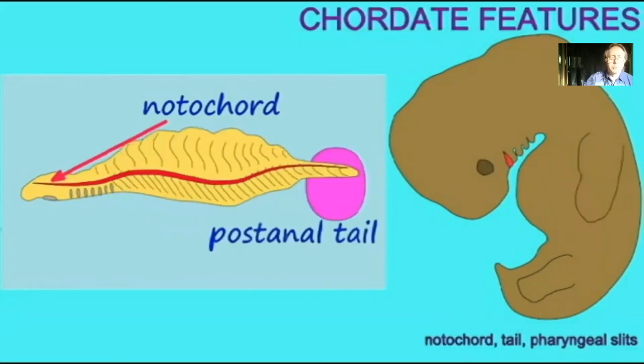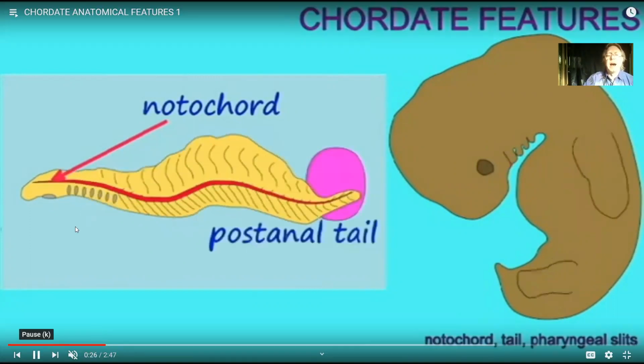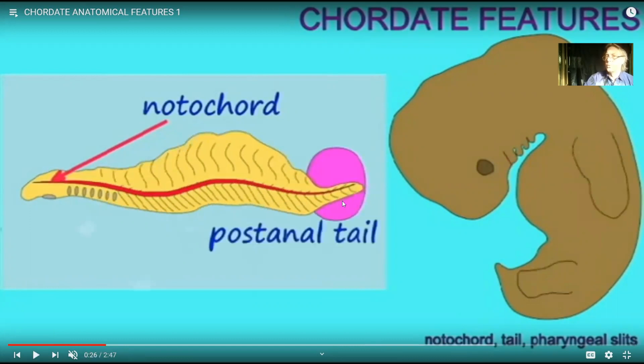Before there was a backbone, there was a notochord. Now, these primitive chordates developed a notochord. The early fish still today, I mean, most primitive fish alive today, still use a notochord. And then even human embryos develop a notochord as embryos.